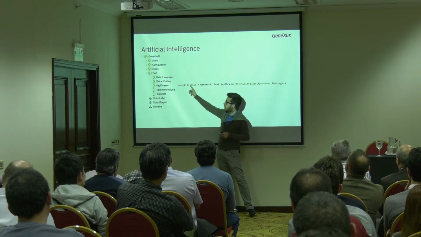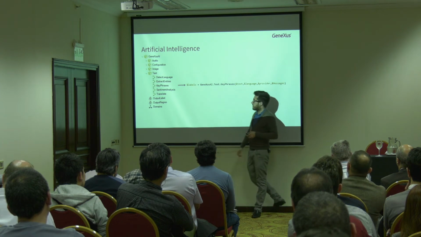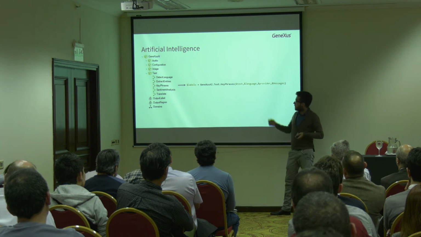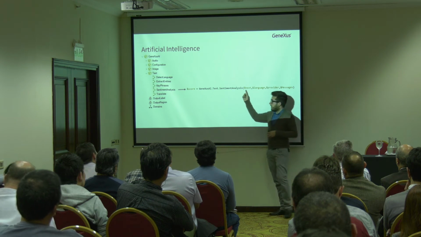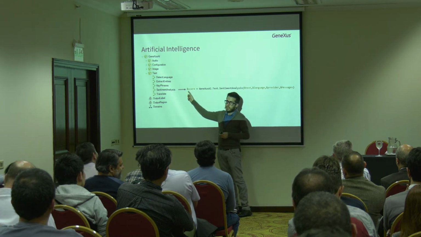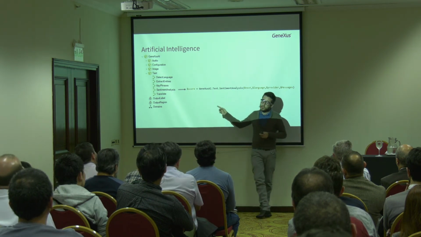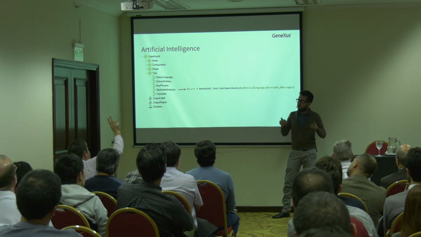If I have a more limited set, it's a collection of labels, and each label represents a phrase. And then an analysis of the sentiments, where an opinion is positive or negative, and this score goes from 0 to 1.